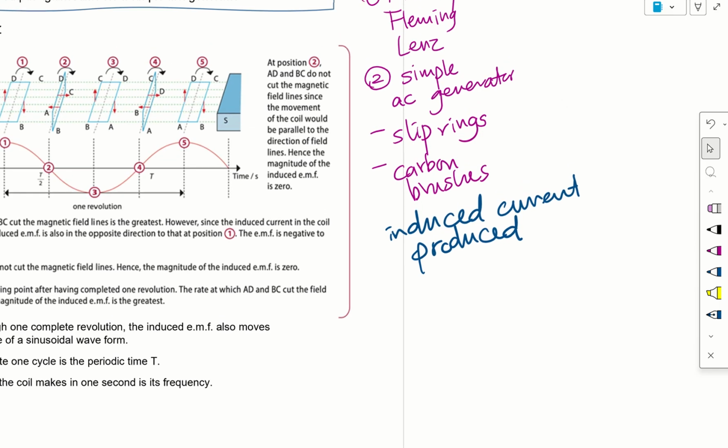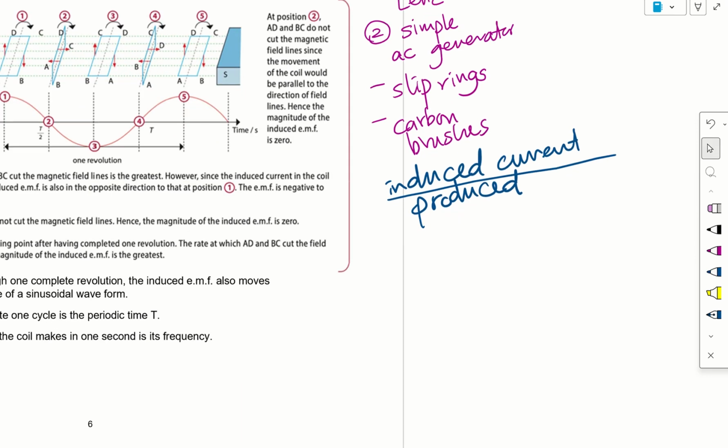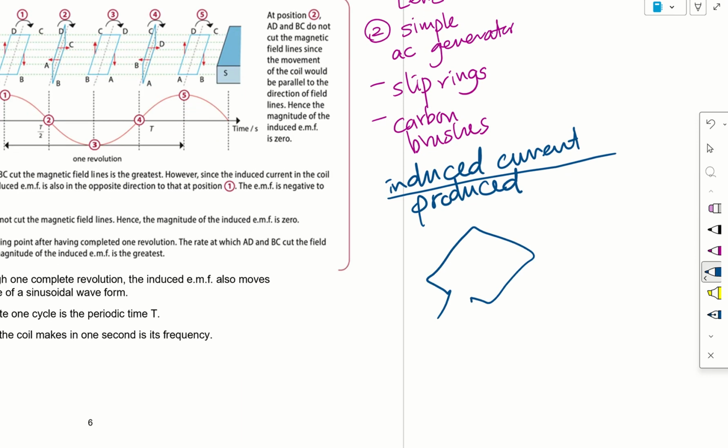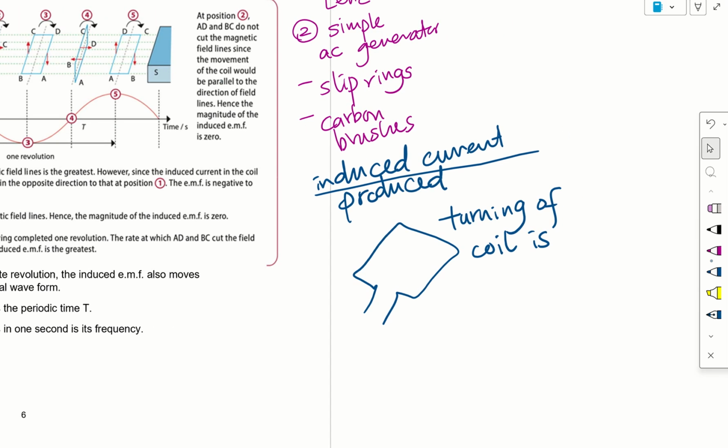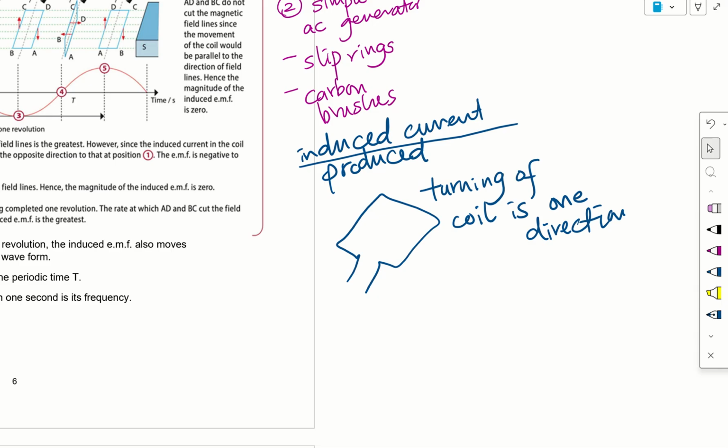And this change, according to Faraday's law, produces induced current. And to take note that for the coil, the turning of the coil is in one direction. Of course, you can turn it back the other direction, but usually we turn it in one direction.